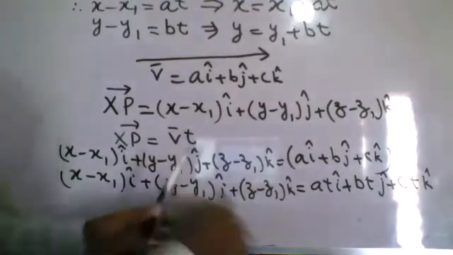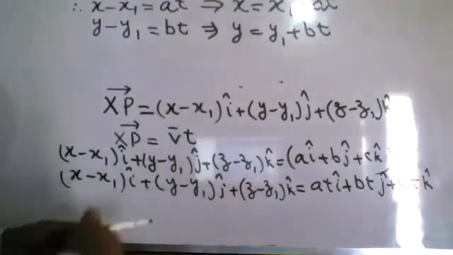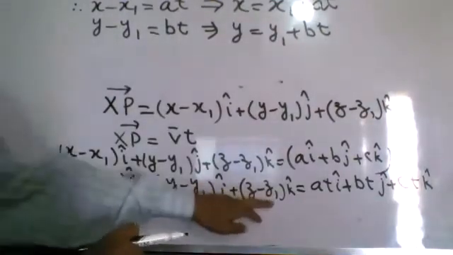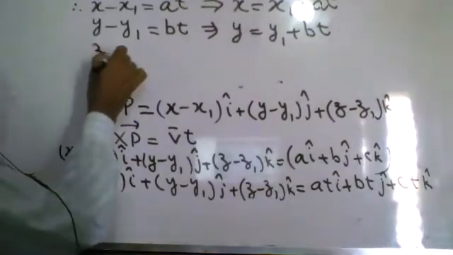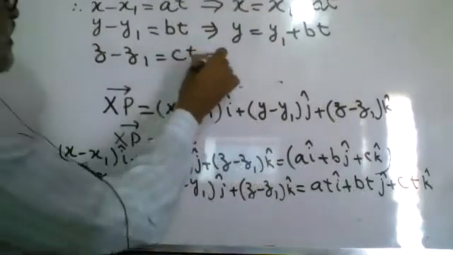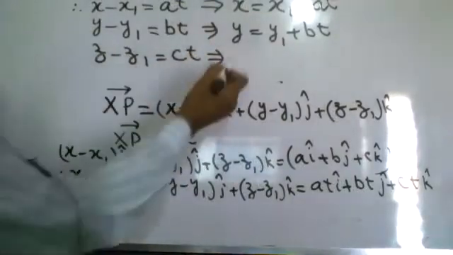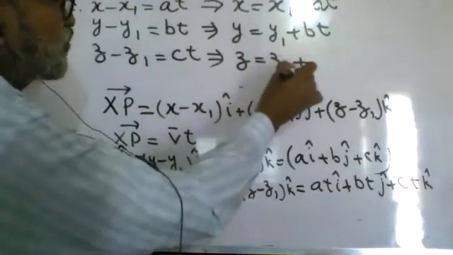And in the same way, z minus z1, the k component, is equal to ct, or with z1 shifted to the other side, z is equal to z1 plus ct.